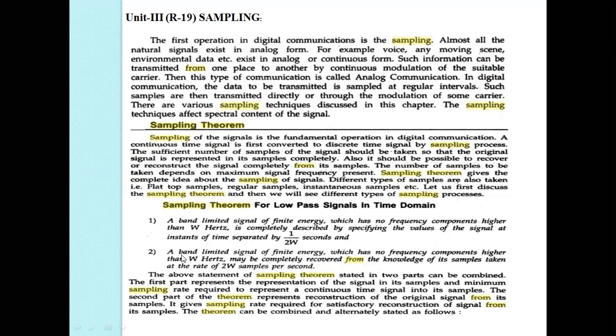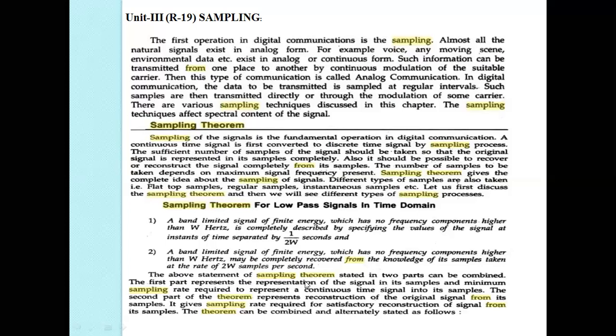And the second point says that the band limited signal of finite energy which has no frequency components higher than omega hertz may be completely recovered from the knowledge of samples taken at a rate of 2 omega samples per second. See, 2 omega you can call it a rate, and 1/2 omega is a time interval.